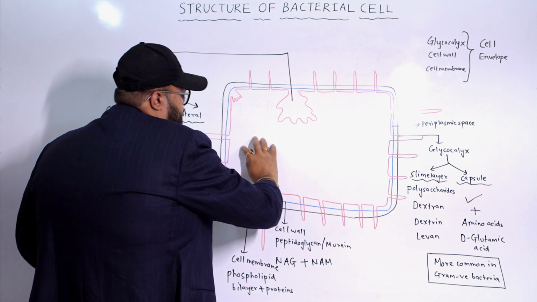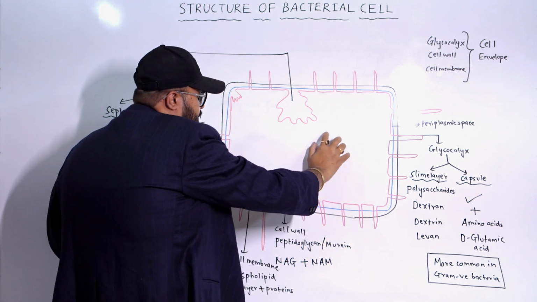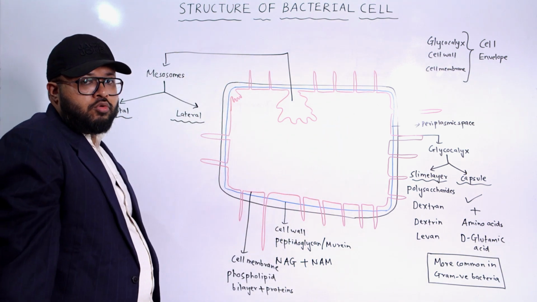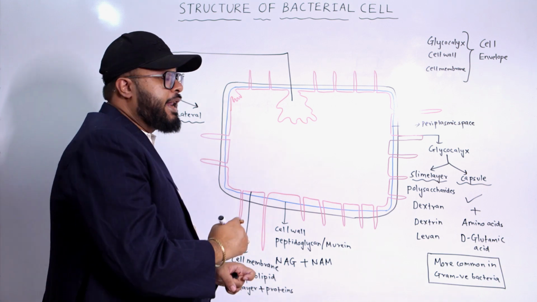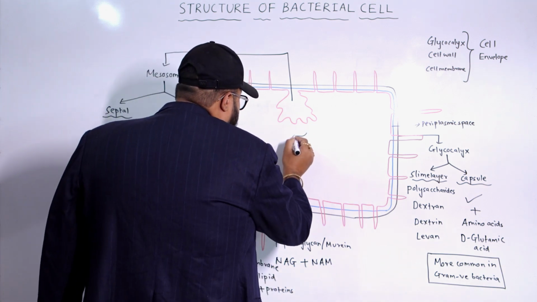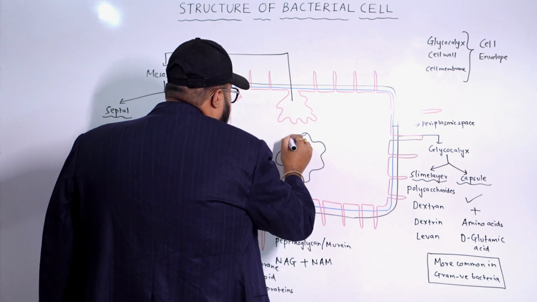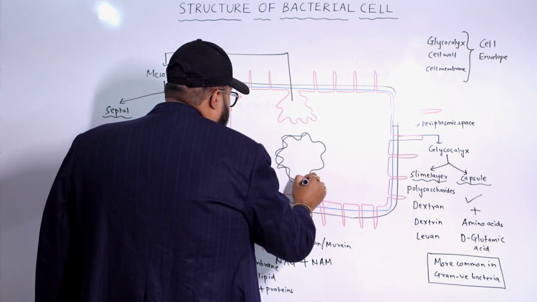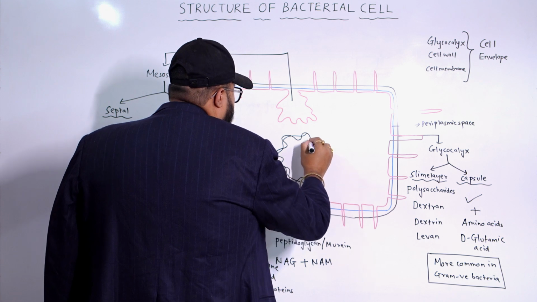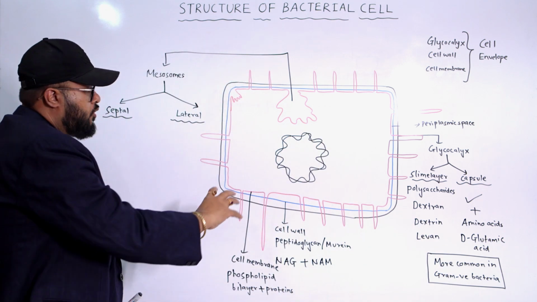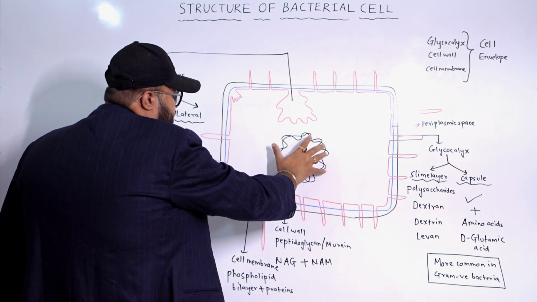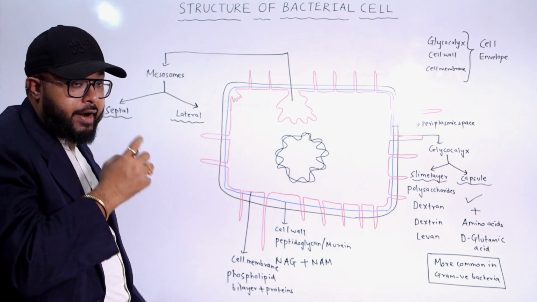This is the cytoplasm of the bacterial cell. In the cytoplasm, double-stranded circular DNA is present. And the region where this DNA is present is called the nucleoid.